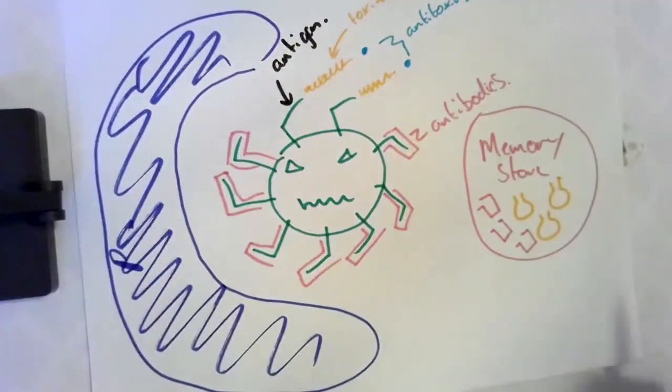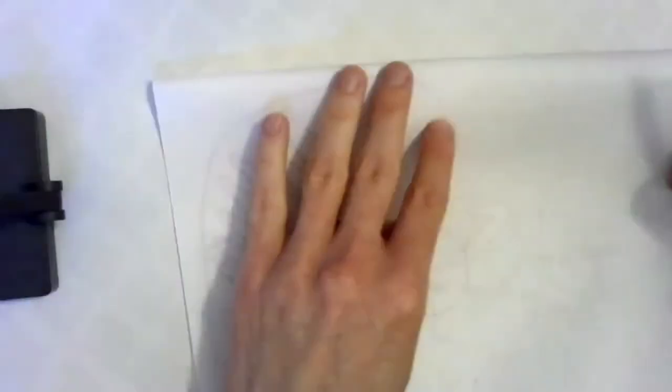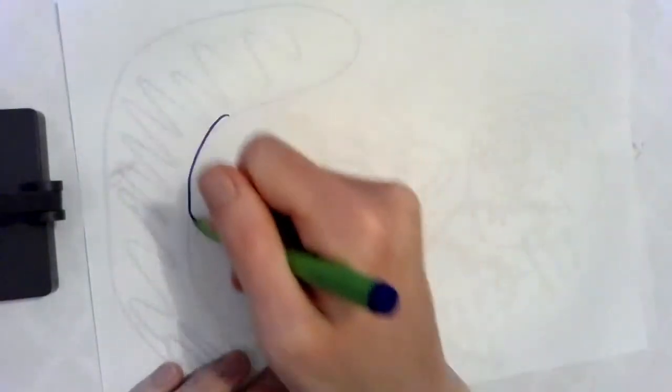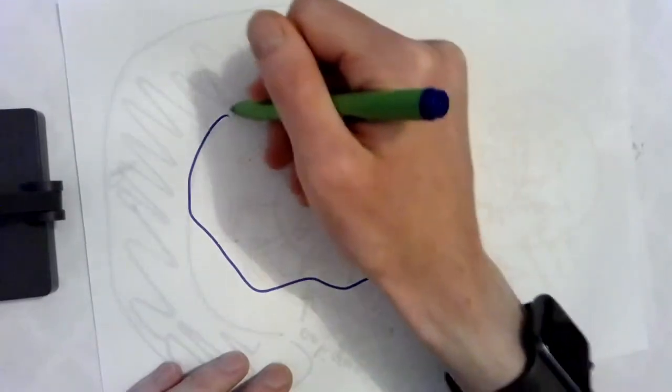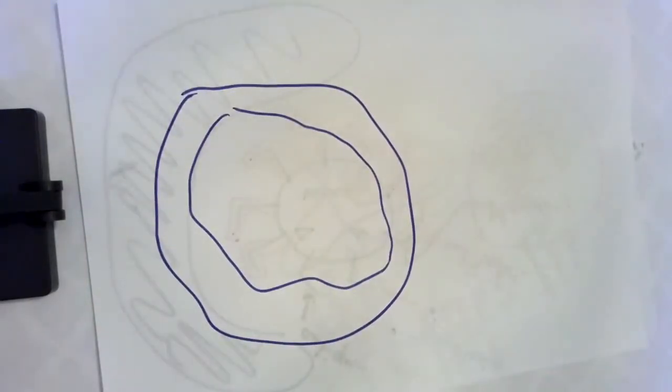So it wraps around like this, and then your little pathogen is caught within your phagocyte. So it wraps around it entirely, looking like this, and your pathogen is stuck inside.